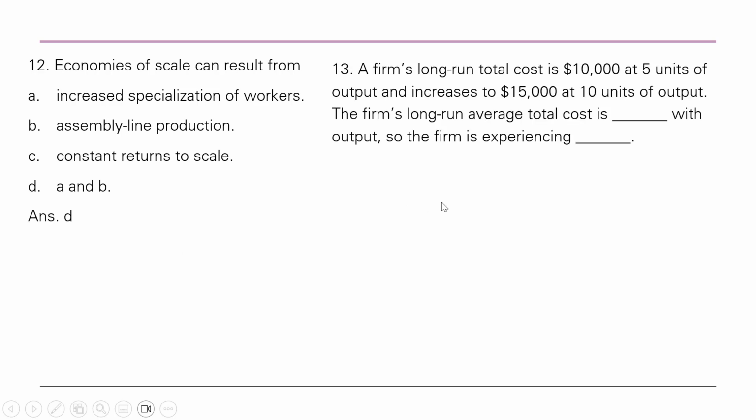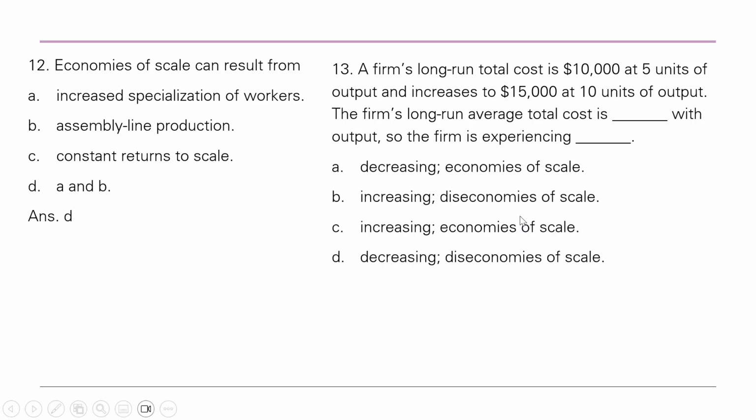Question 13, a firm's long-run total cost, not average cost, but total cost is $10,000 at 5 units of output and increases to $15,000 at 10 units of output. The firm's long-run average total cost is blank with output, so the firm is experiencing blank. Correct answer here is going to be A. So I'm going to get the long-run average cost at 5 units of output. 10,000 divided by 5 is $2,000.